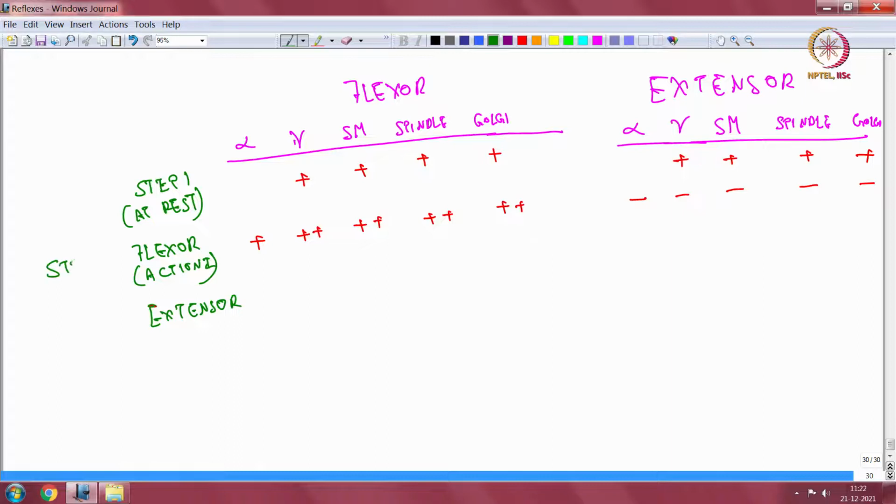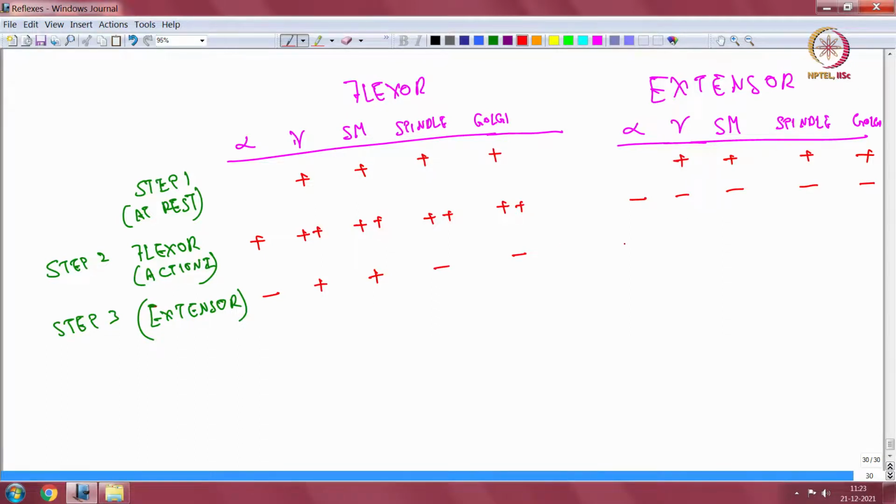So, step 2, step 3. If you look at extensor activity, this has to be suppressed. So, it goes into negative. Gamma comes down, skeletal muscle comes down, spindle comes down, Golgi comes down.